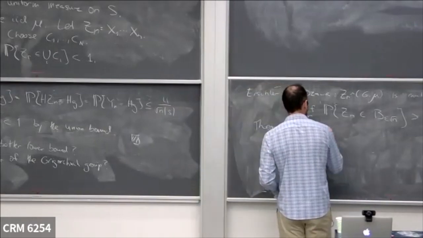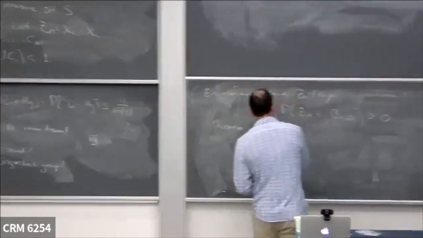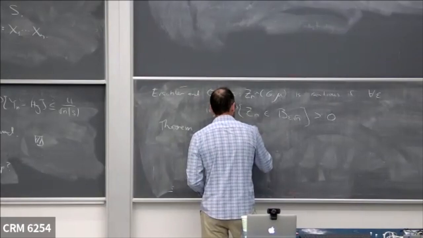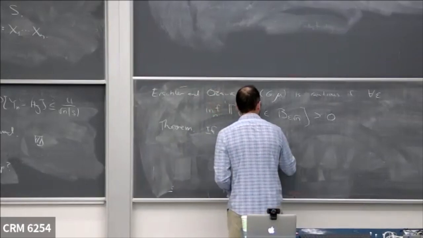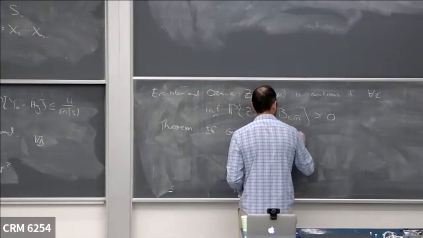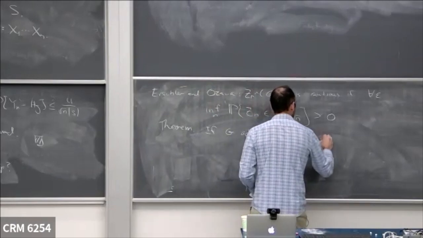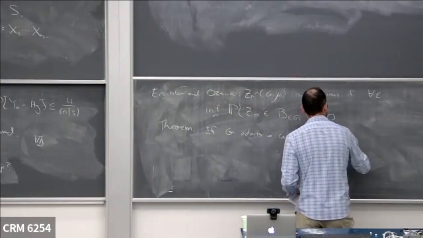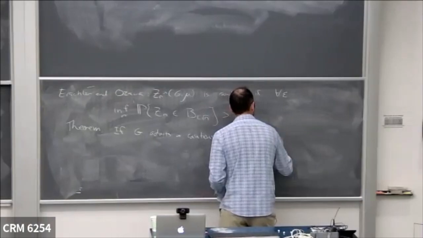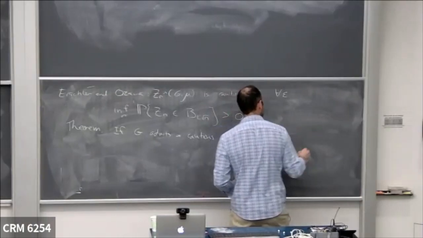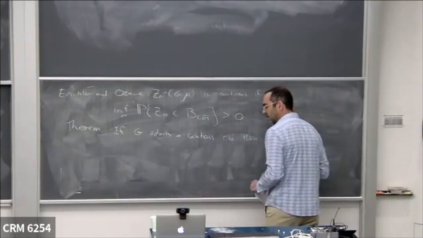Sorry, actually there's more to this. If G admits a cautious random walk, then CR of G is equal to R.